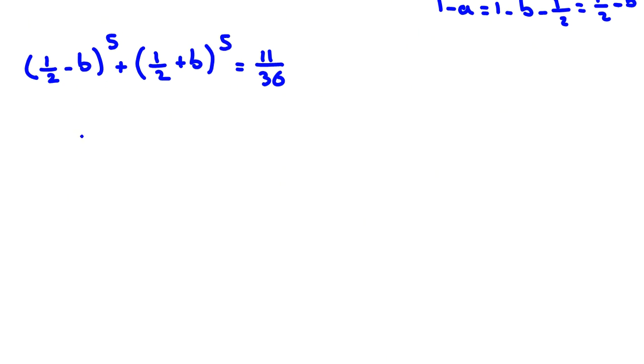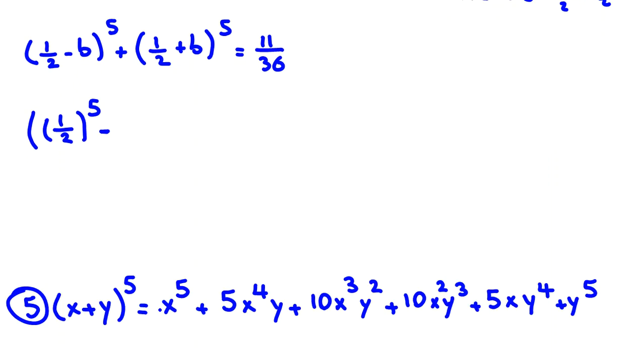So let's calculate. Look here, if you consider this part, it will be 1/2 to the power of 5. Minus, you can see the identity here, because y is negative b and the power is 1, so you write negative 5 times 1/2 to the power of 4 times b.